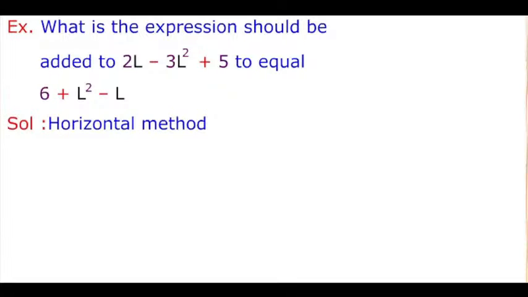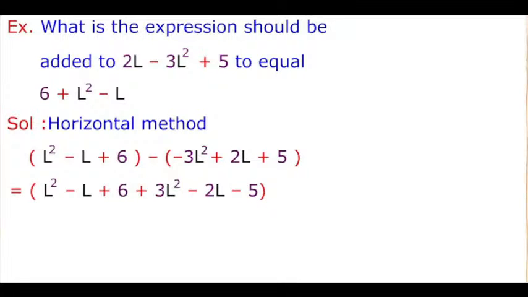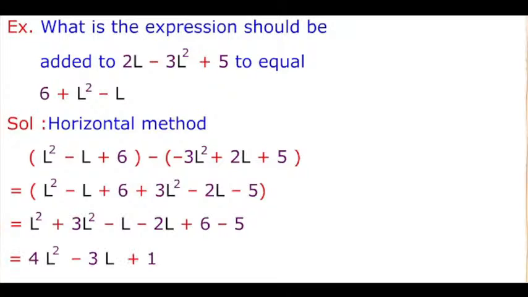Solution, horizontal method. l squared minus l plus 6 minus negative 3l squared plus 2l plus 5 equals l squared minus l plus 6 plus 3l squared minus 2l minus 5 equals l squared plus 3l squared and negative l minus 2l plus 6 minus 5 equals 4l squared minus 3l plus 1.